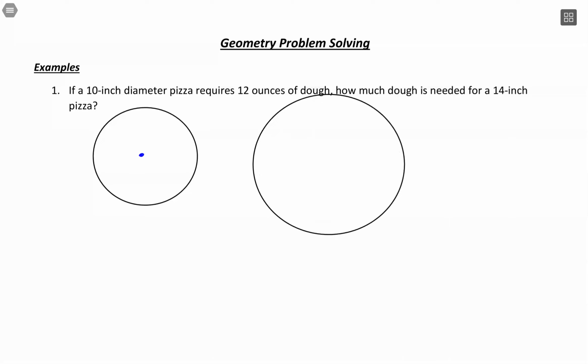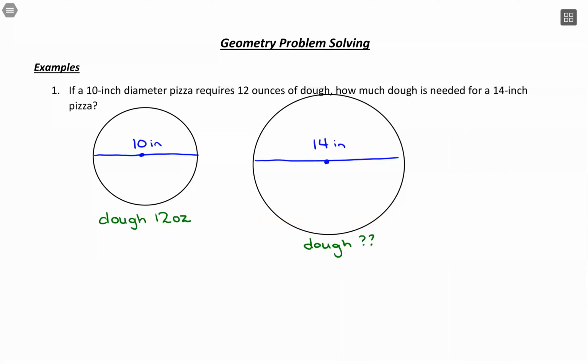The smaller pizza has a 10-inch diameter, and the larger pizza has a 14-inch diameter. Now with the 10-inch, we know that the amount of dough required is 12 ounces. And then for the 14-inch, we don't know the dough required.